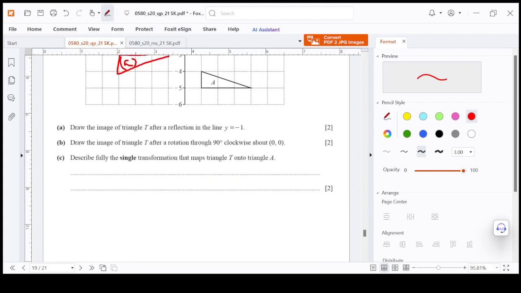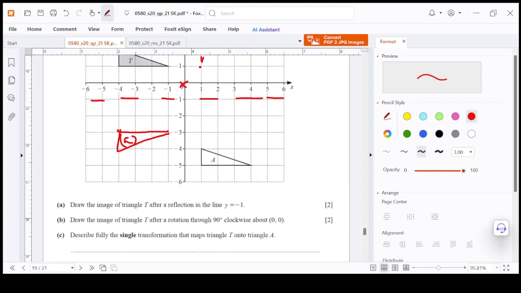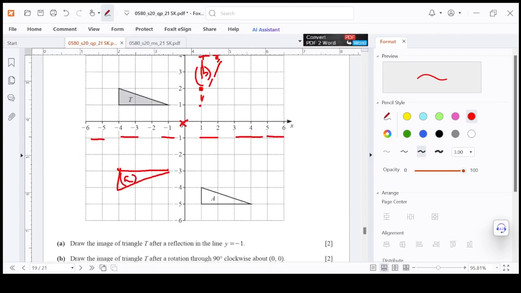Okay, so that's done. Describe fully a single transformation that maps T onto A. How did T become A? It's obviously a translation because it's just moving certain units right and certain units down. So you write translation by how many units right is it going? 1, 2, 3, 4, 5.